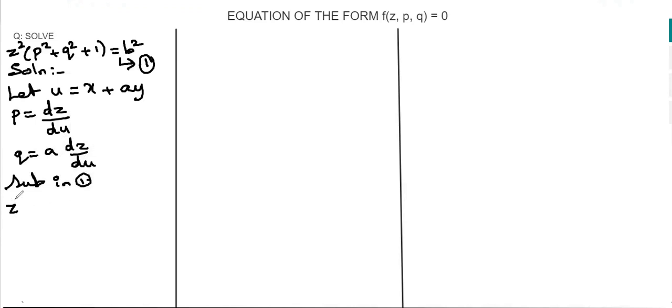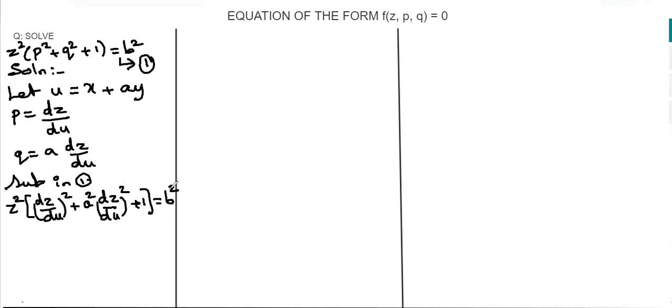What happens? z square times p, which is dz by du, the whole square, plus q, which is a dz by du, so a becomes a square, dz by du the whole square, plus 1 equals b square.